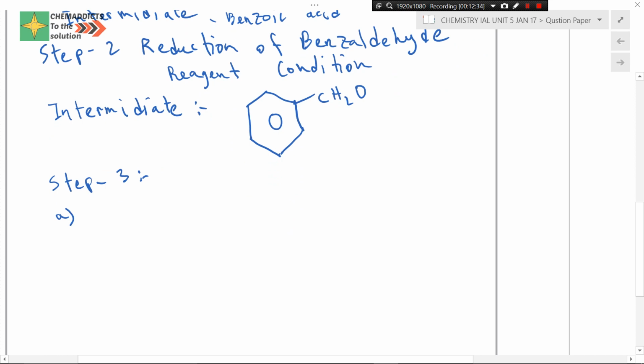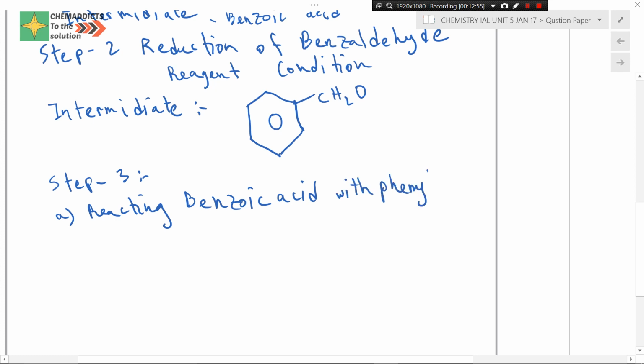So step 3, let me specify this so it is clear: reacting benzoic acid with phenyl methanol. The condition would be concentrated sulfuric acid as a catalyst.